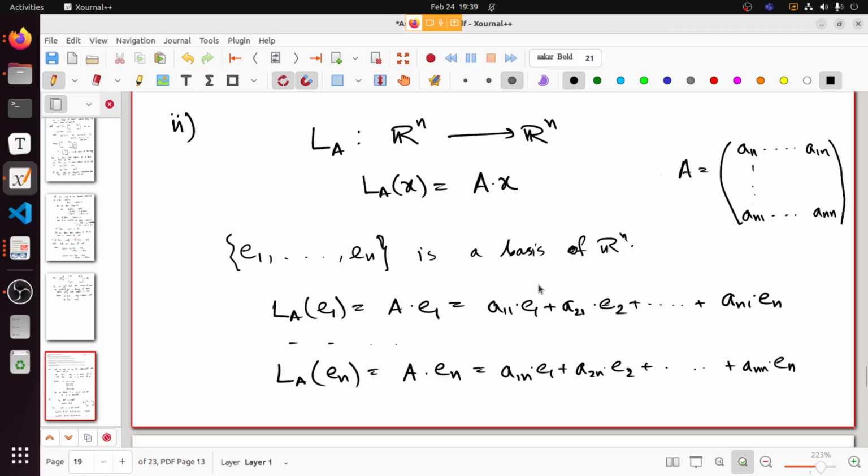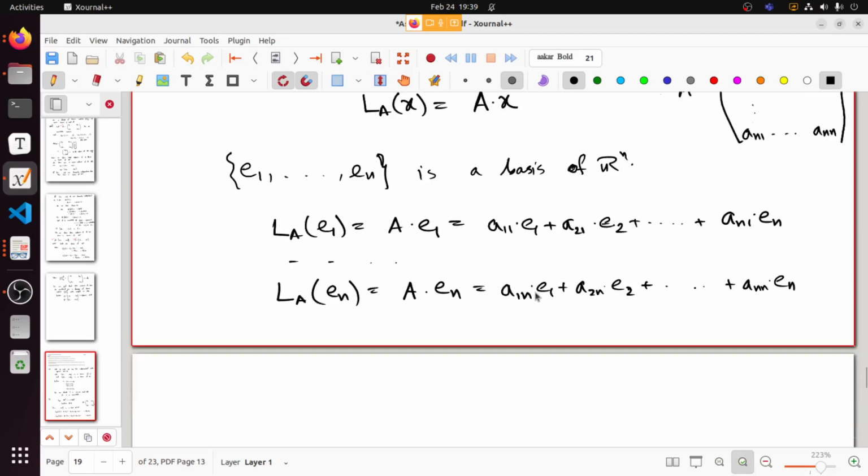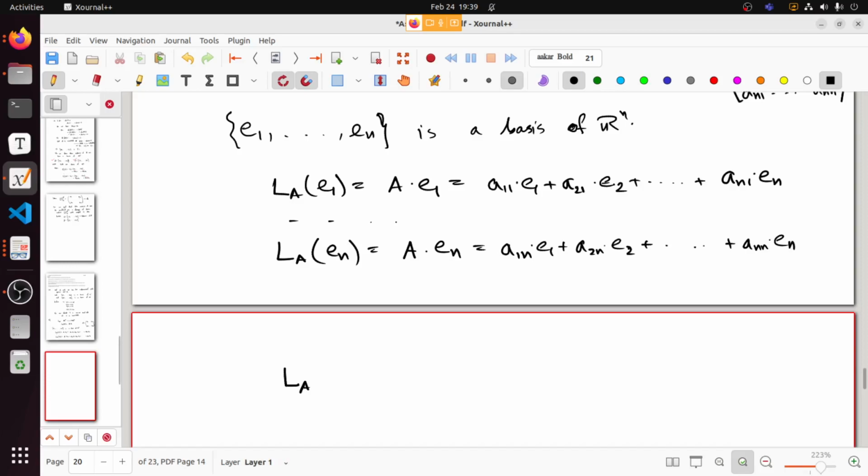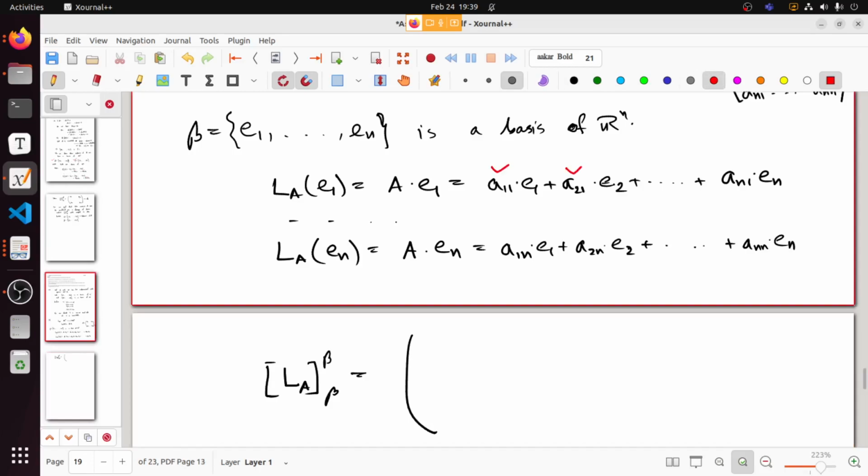Then from that we can write down the matrix of LA, right? Suppose this is beta, so write it with respect to beta. Then what will be the matrix? LA of e1 will give the first column A11, A21, ..., An1, right? What will be the next column?